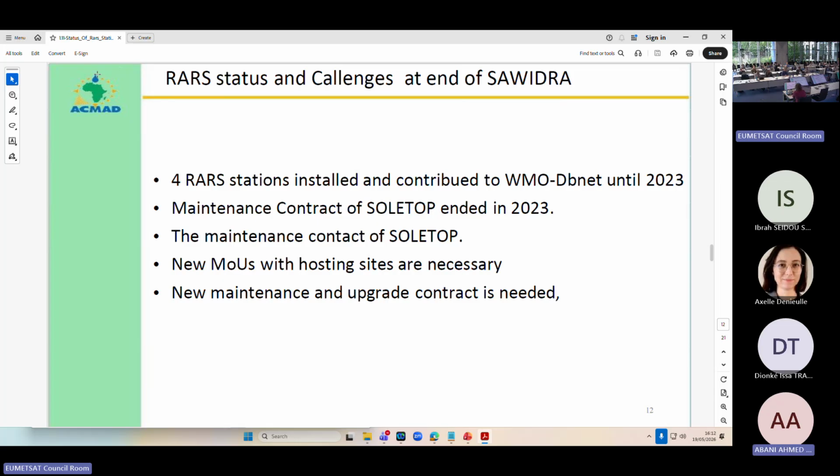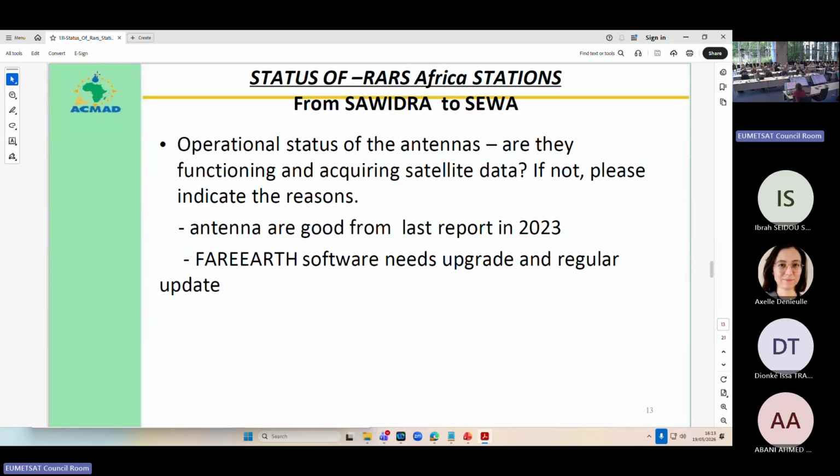We have also engaged in establishing a new memorandum of understanding with the hosting sites, because it is a completely new situation. A new maintenance contract is now under preparation through the SEWA program. Next slide, please.